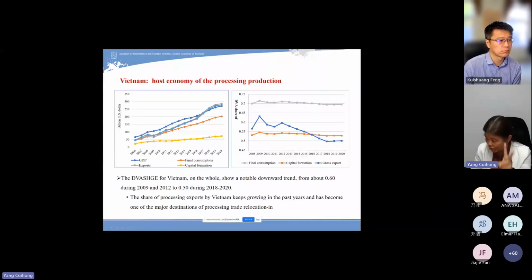So this is consistent with what we mentioned right before, in the construction of the model. So we could say that Vietnam is the host economy of processing production. This is very clear results for its destination of processing export.